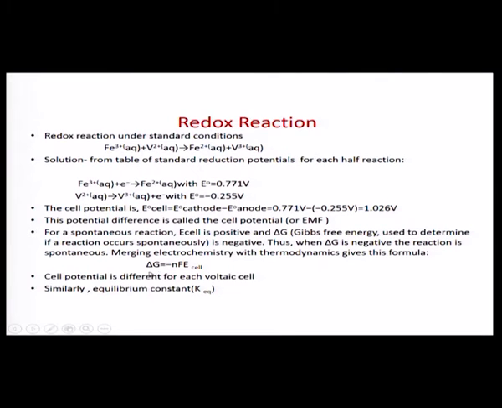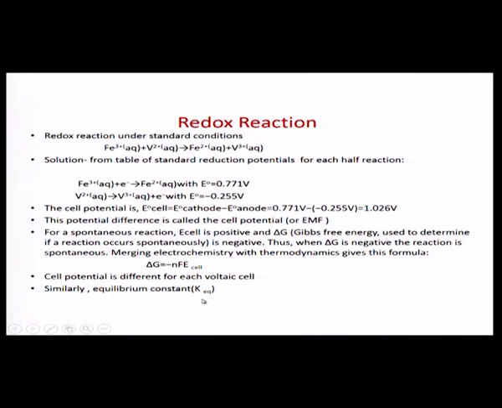Generally, a free energy decrease is a spontaneous process, and here the electromotive force is positive, so that particular redox reaction is spontaneous. And we already discussed this relationship with the equilibrium constant when we discussed equilibrium, where delta G is equal to minus R T ln K. K is the equilibrium constant.